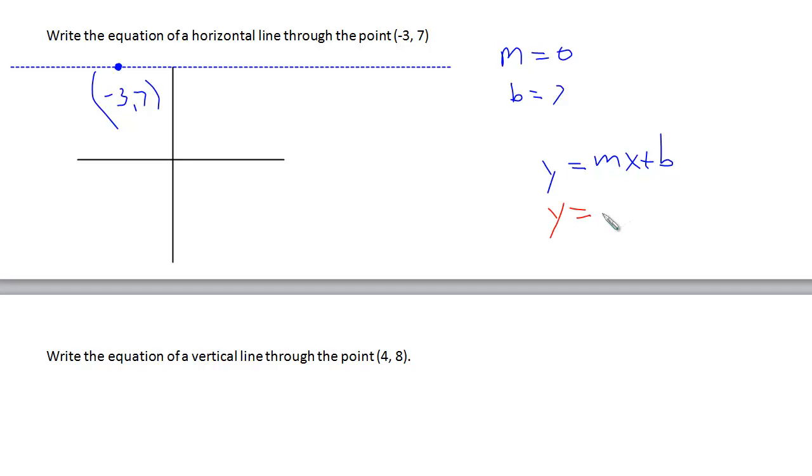All right, y equals 0 times x plus 7, and 0 times x cancels out. So you end up with a simple equation of just y equals 7.